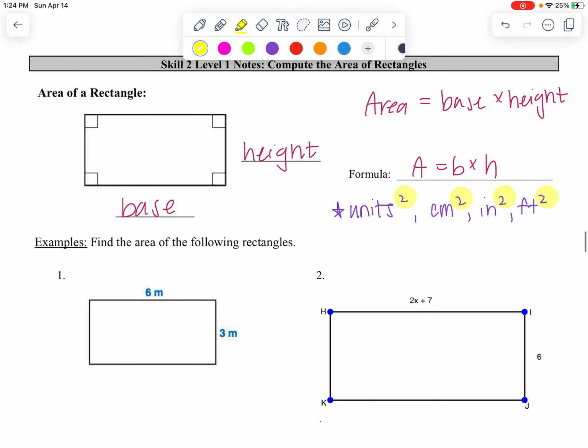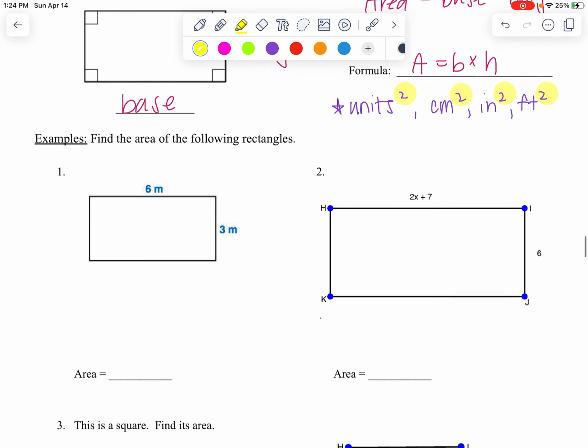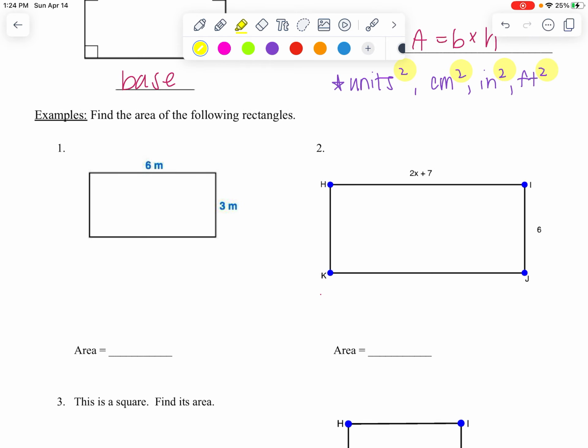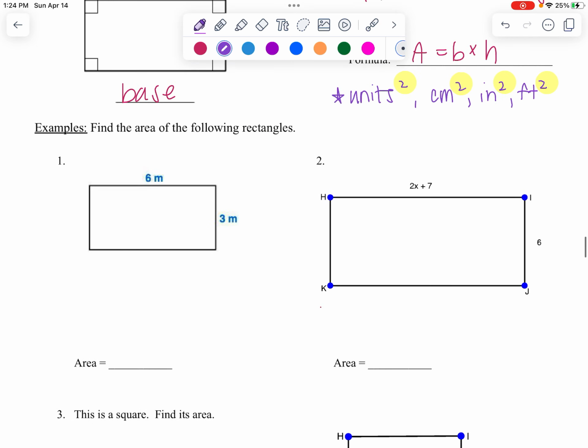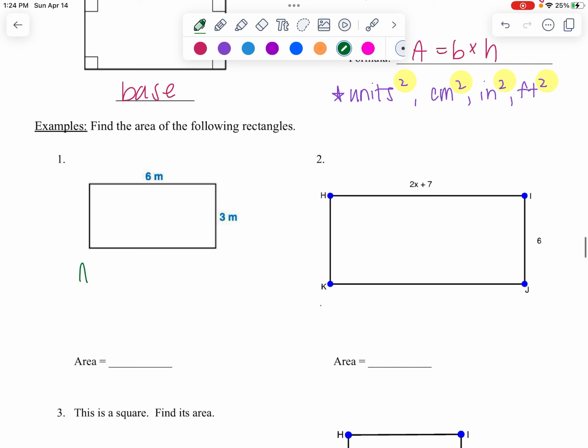All right, let's dive into some examples. It says find the area of the following rectangles. It's the same exact thing. I'm going to basically copy and paste this formula for every problem that we are solving. For the first one, we're dealing with A is equal to base times height. The base of this rectangle is the 6 meters. The height is the 3 meters.